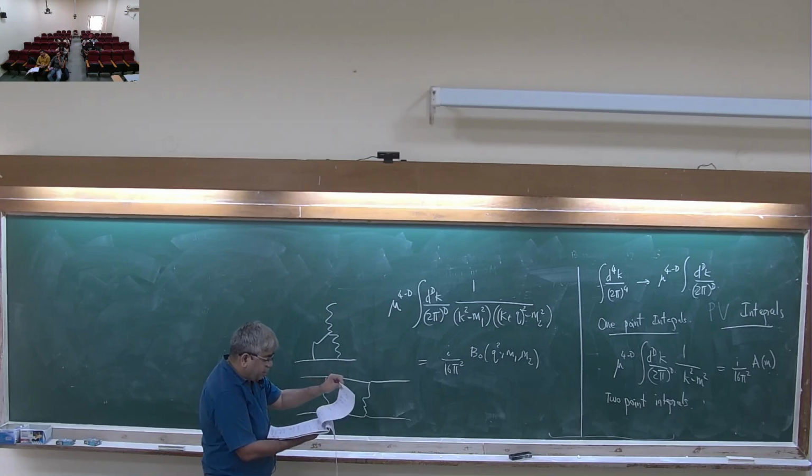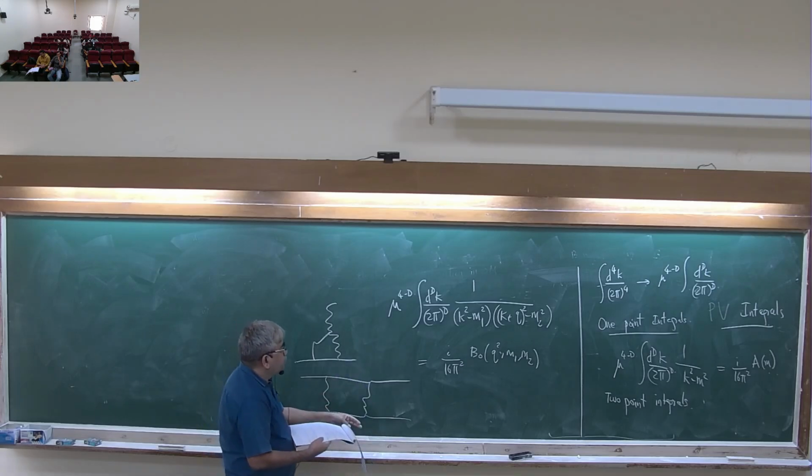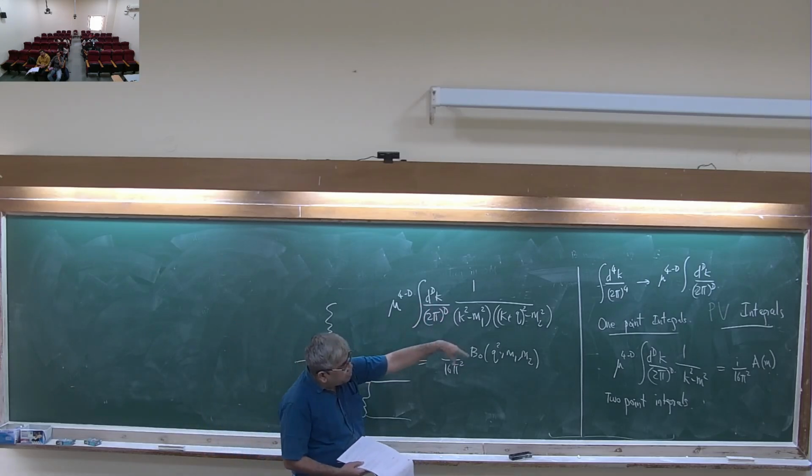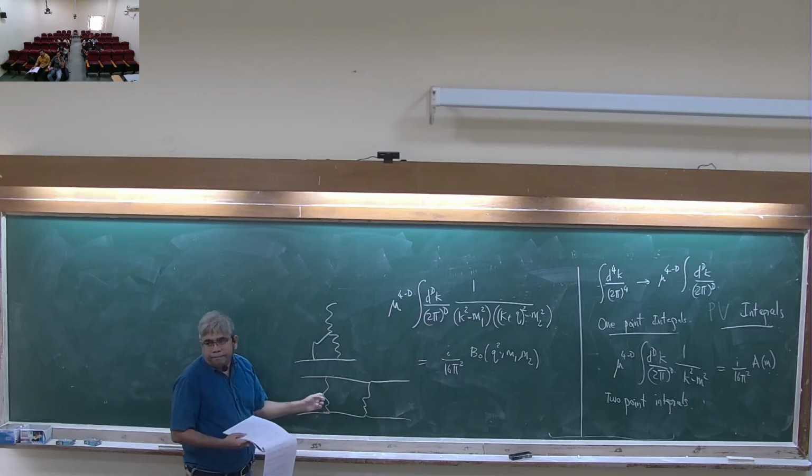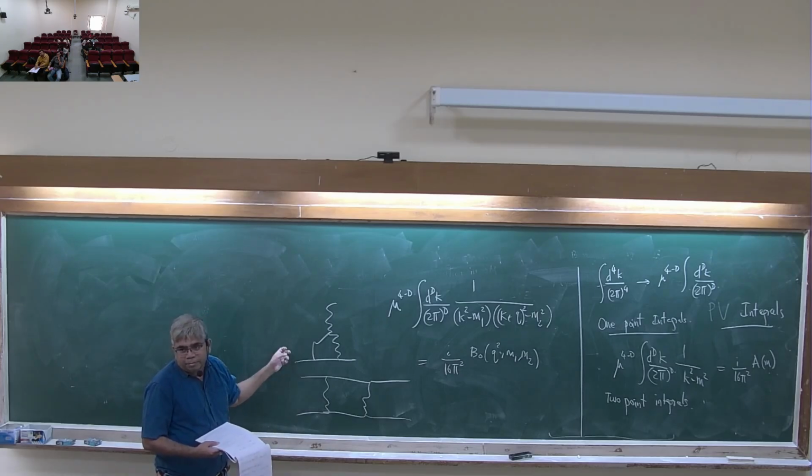Now in the notes I have done some simple calculations for the vacuum polarization graph. For this calculation of delta rho, you don't need penguins and boxes because they are not important.